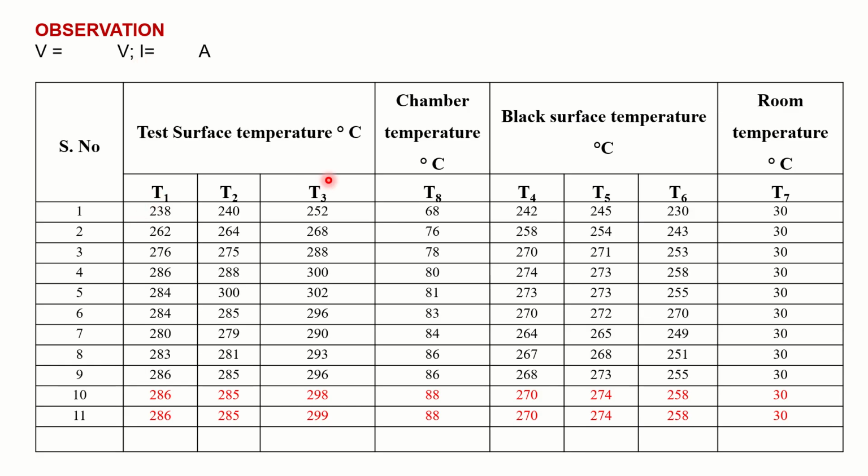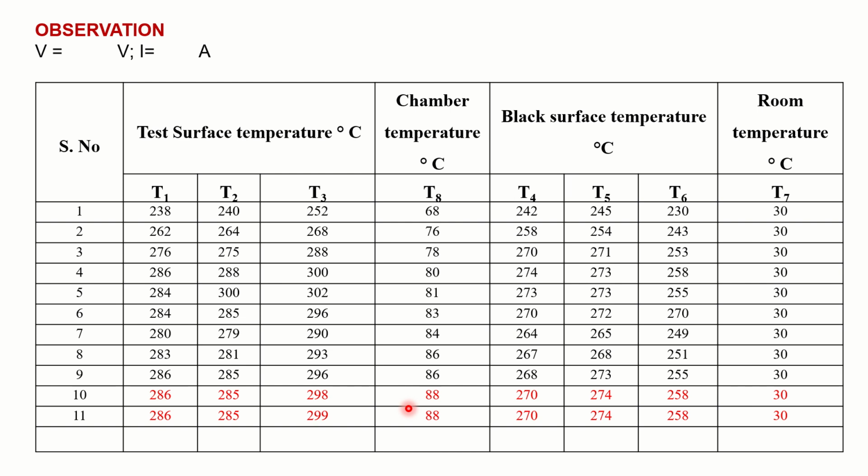So T1 to T3 refers to test surface temperature, T4 to T6 refer to black surface temperature, T8 refers to chamber temperature, and T7 refers to room temperature. As I mentioned earlier, all the temperature data to be noted down at 5-minute time interval until you get constant set of temperature data like this. Once you arrive at these kind of temperature data, you can start performing the experiment.